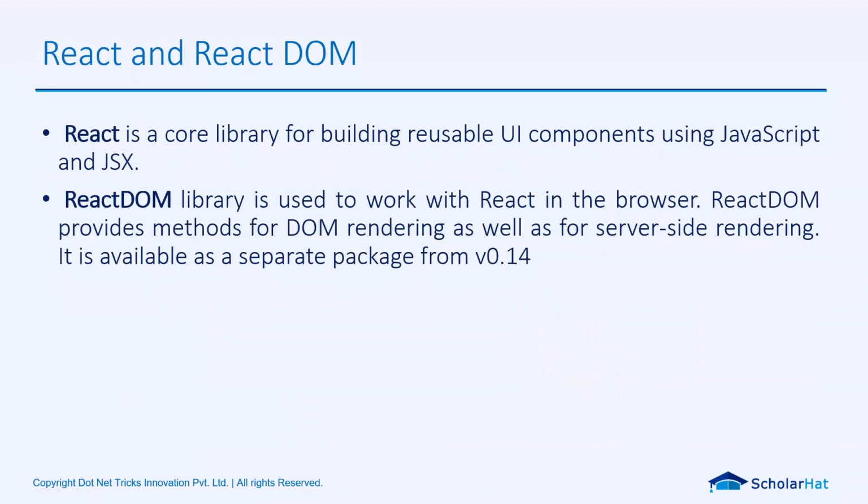When you look at the React.js created code, you will find two libraries there, the React core library and the React DOM library. The React core library provides the core features of React, and the React DOM library provides features especially for the browser. It provides various methods which we can use with the browser.